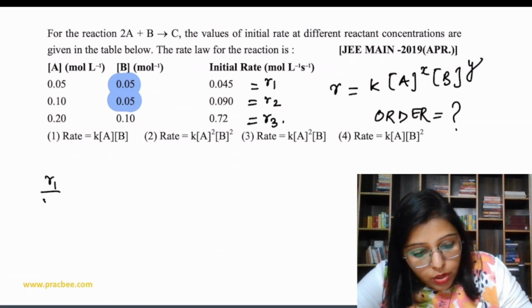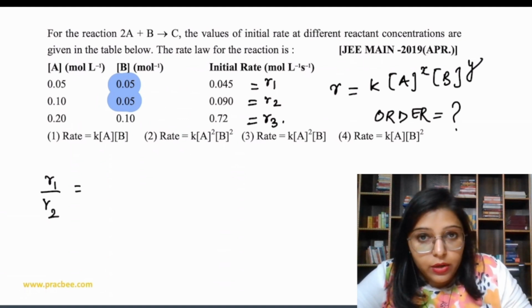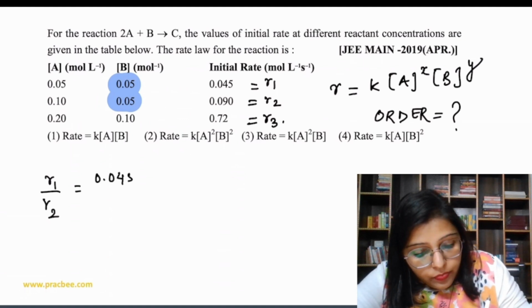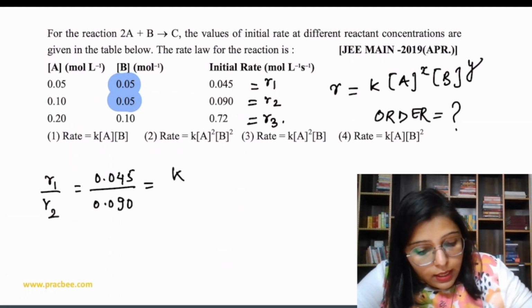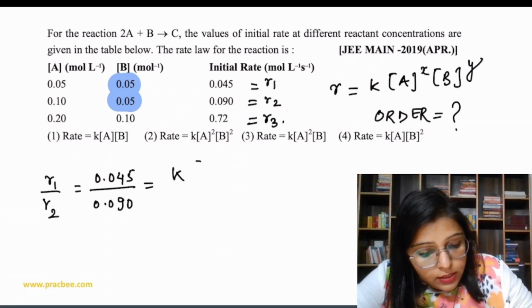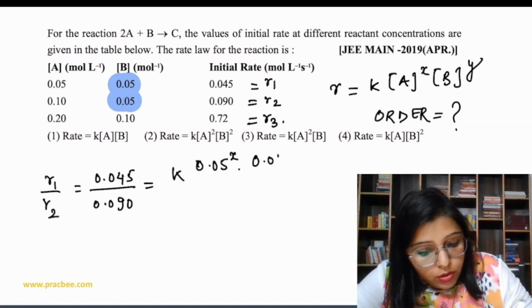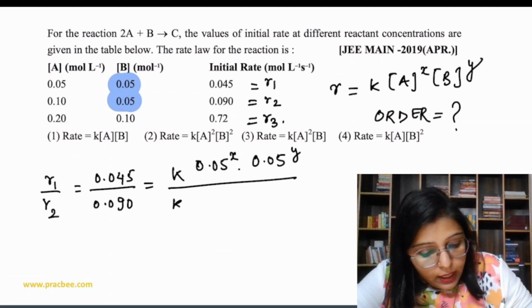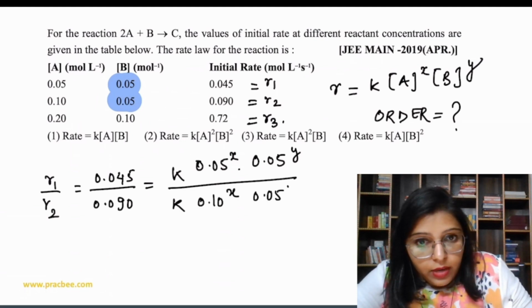So R1 upon R2 is going to be 0.05 upon 0.090. That is K, concentration of A is 0.05 to the power x and B is 0.05 to the power y, divided by K, so that is 0.10 to the power x and 0.05 to the power y.